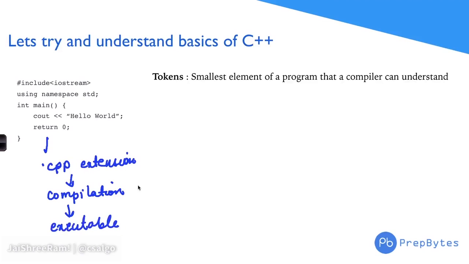So the compiler understands what this particular code is and converts it into a language that a machine can understand, which is in binary format. Now after this converts into an executable format, the program runs. We run the program. In case you are having an IDE, you will have an option to run as well.